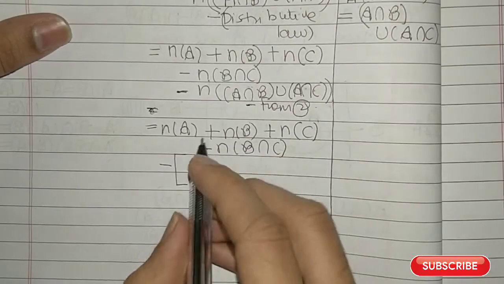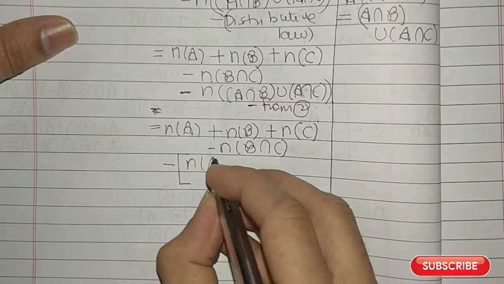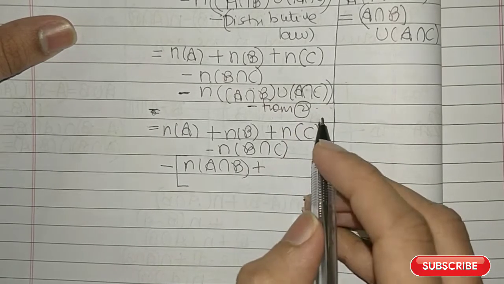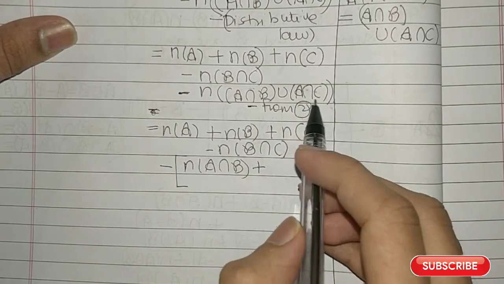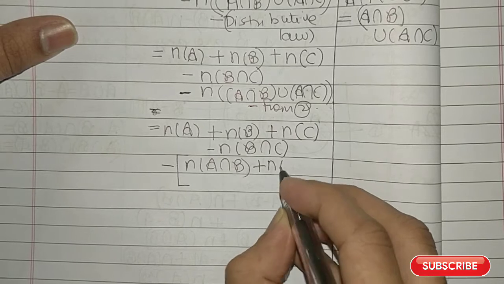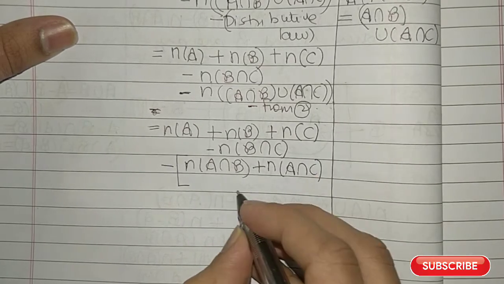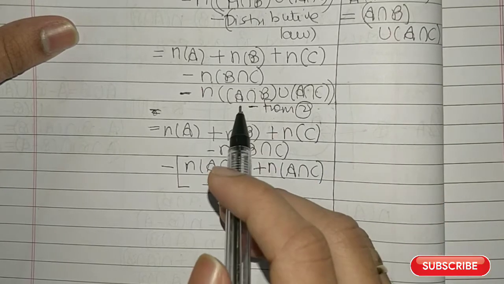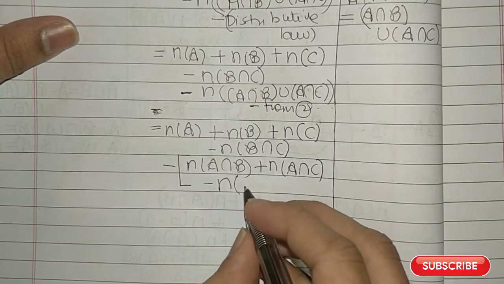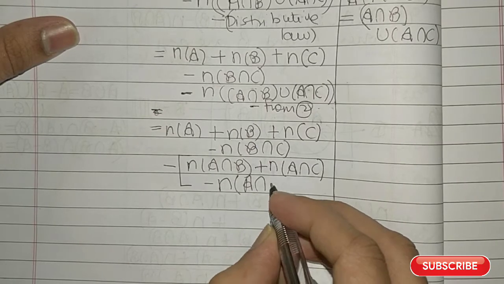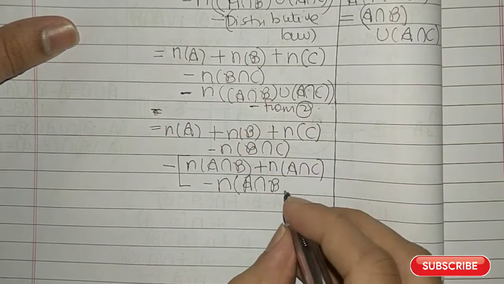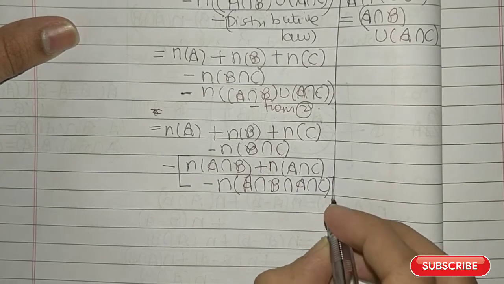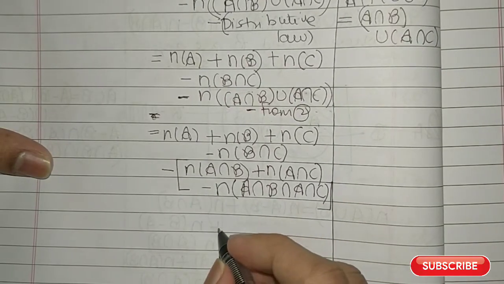So what you will get? n(A intersection B), then plus n(B), where B corresponds to A intersection C. So n(A intersection C), minus n of the intersection, in formula number 2. So here it will be n((A intersection B) intersection (A intersection C)). So this is what we get.